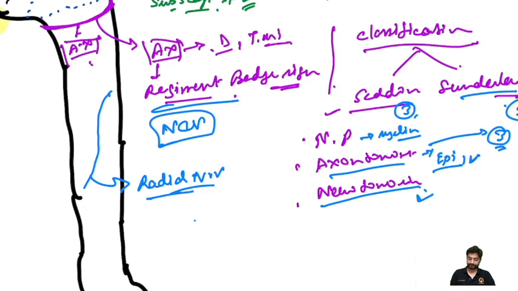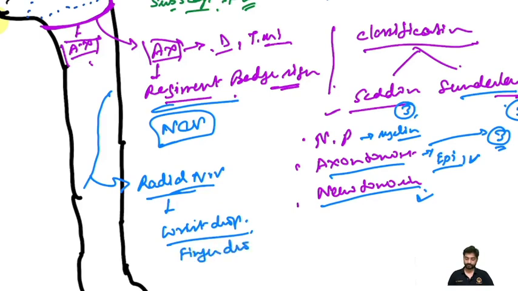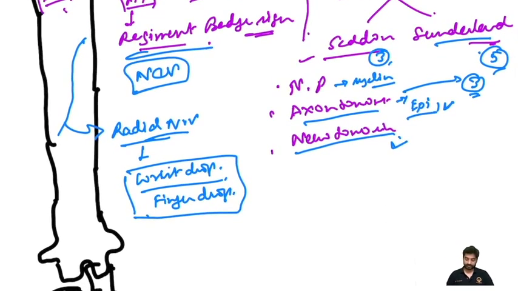Important point in the radial nerve, when it gets injured, it will lead to wrist drop, or finger drop. So these things you can get to see in the case of radial nerve injury.